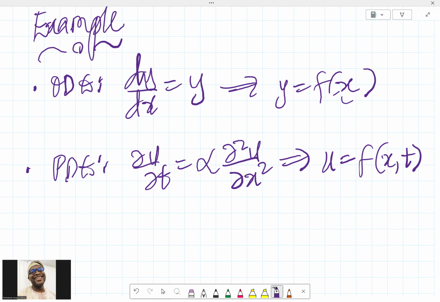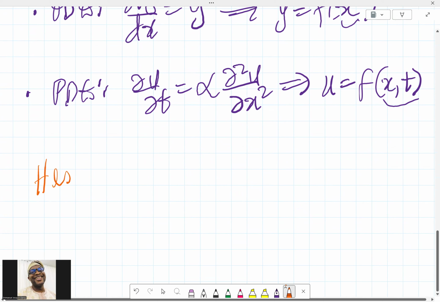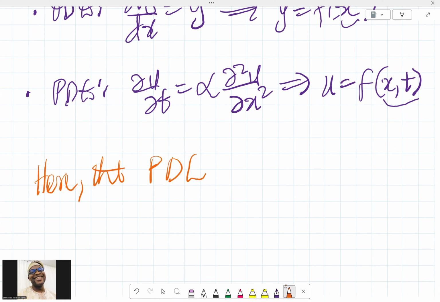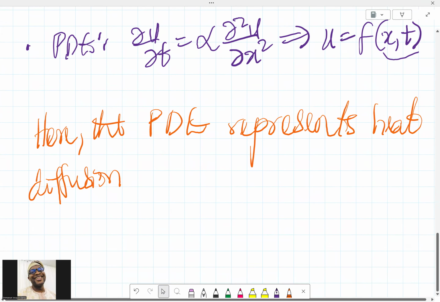So it's a function of both x and t, or time and space, anyhow you like it. So you see here you have two variables that are independent, right? The PDE you have up there actually represents heat diffusion. You know, when heat diffuses, over time it diffuses in space, so it depends on space and time. As time goes on, heat spreads from one source to another point.